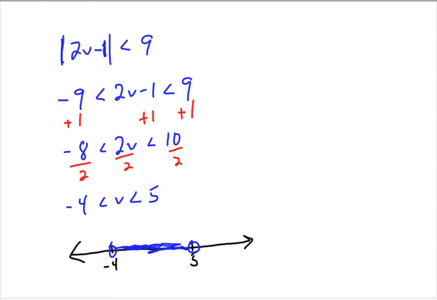Alright, let me do one more before I let you go. Let's do one where the absolute value is not isolated yet. I'll just make one up here. So if we had 3 times the absolute value of x plus 2, minus 6 equals 12.